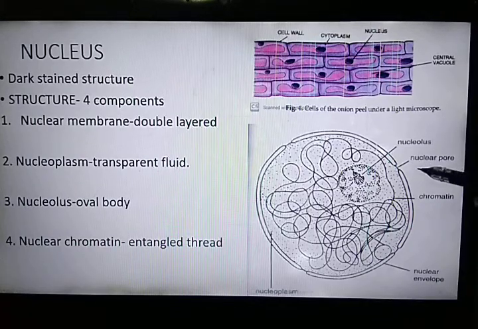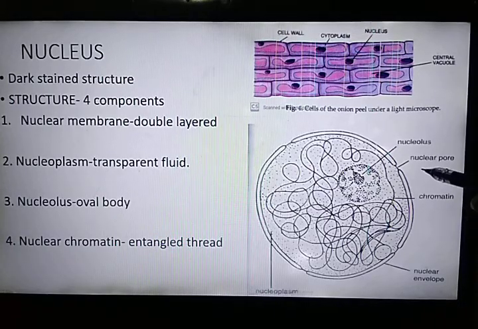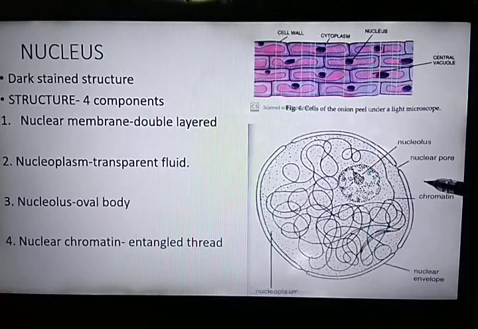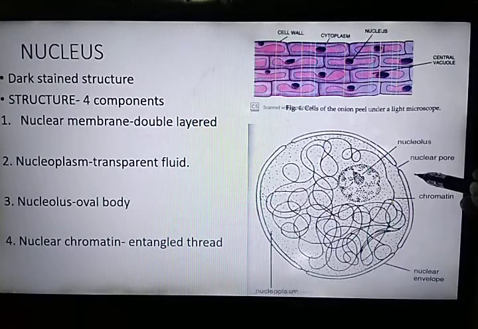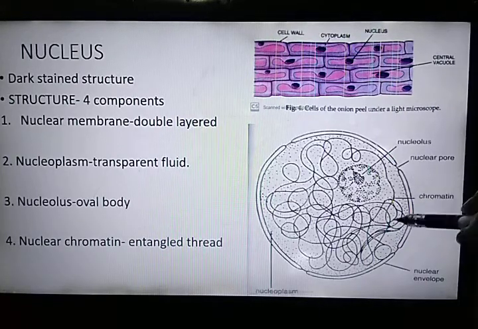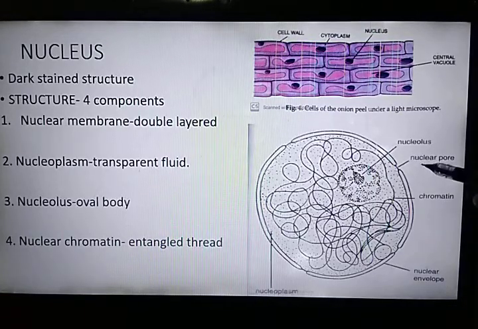What is the function of the nuclear membrane? Now you can see the nuclear membrane has pores. So pores allow the transfer of material from inside the nucleus to the cytoplasm. The nucleus is surrounded by the cytoplasm, so material from the nucleus moves outside into the cytoplasm.